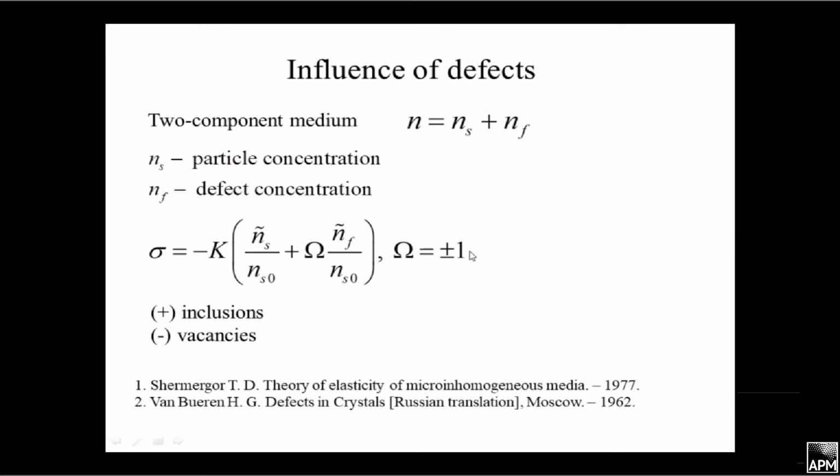So, in accordance with the famous relation, analogous to the one-component medium, we can write this relation here. Parameter omega takes the values +1 or -1: plus for inclusions, minus for vacancies. We'll now, of course, talk only about point defects, and we won't take into account their interaction.